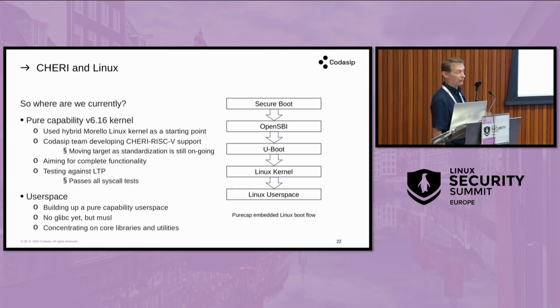So we started with the ABI that they developed. They put a lot of work into it. And then we started doing a clean implementation on top of that. So, as I say, at the moment, we have a nice, clean v6.16. We would not claim it's perfect. What we're aiming at the moment is functionality. We want to get the basics running. Then we're going to go on to the more advanced security concepts.